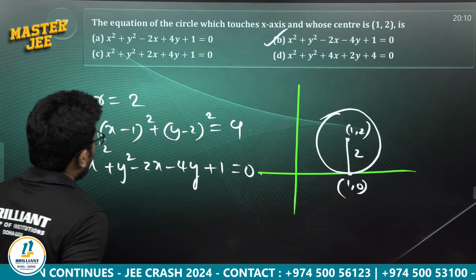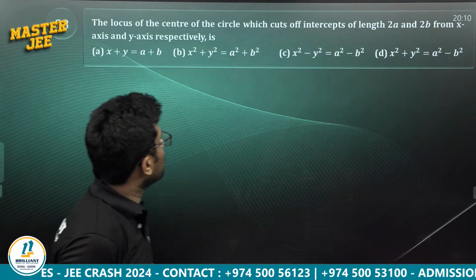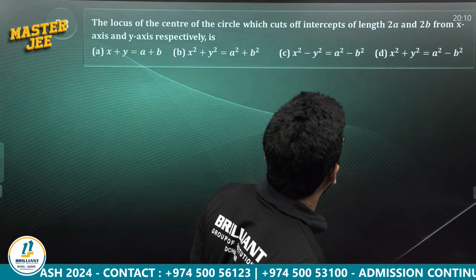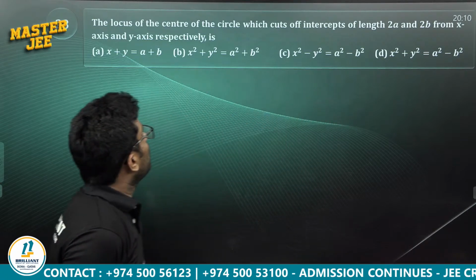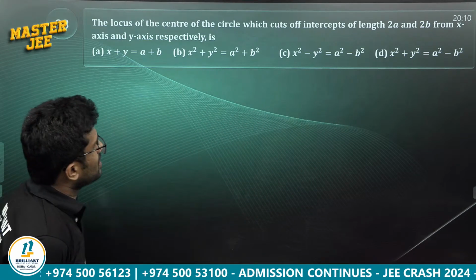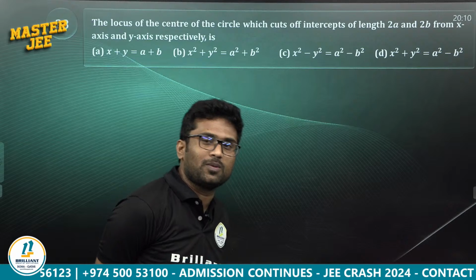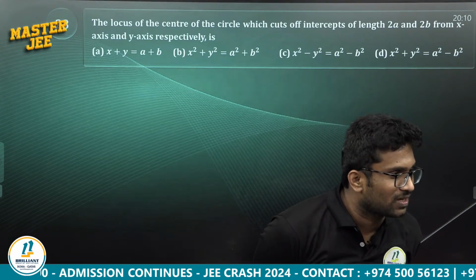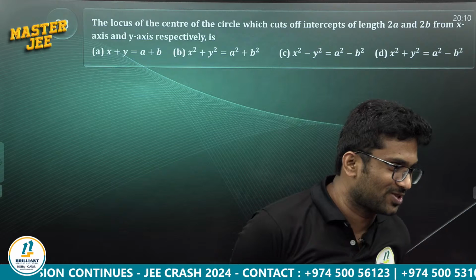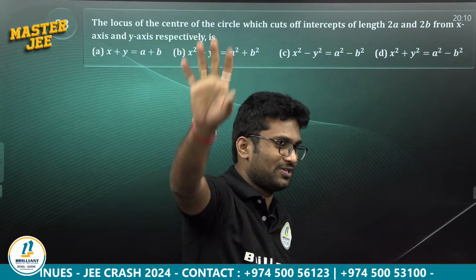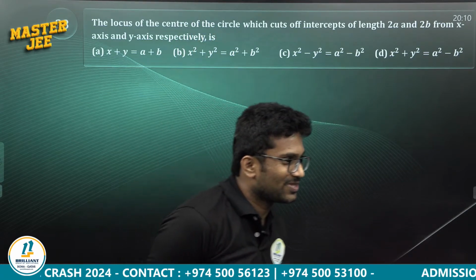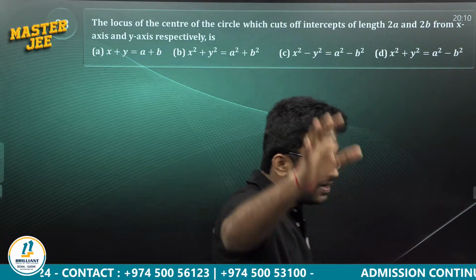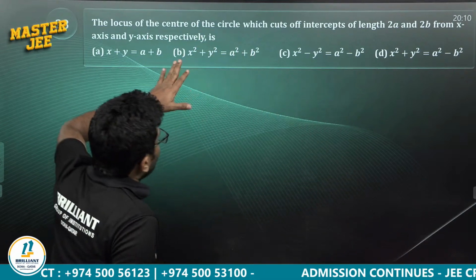Next question. The locus of the center of the circle which cuts off intercepts of length 2a and 2b from the x-axis and y-axis respectively. This is so simple. Use the intercept form. What is the x-intercept?